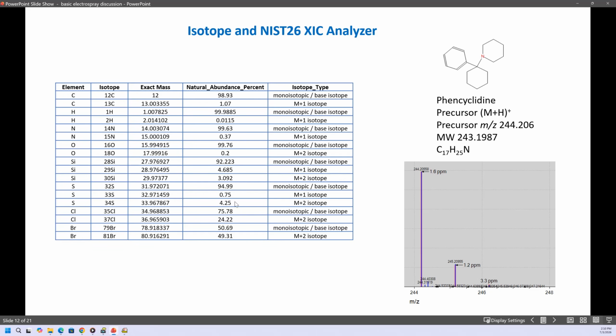Of course, the bromine. But the software in the NIST 26 has something it calls its XIC analyzer. What it does is generate the theoretical isotope ratio for what it thinks it will be and then compare it. These are actually two different colors here, but you can see they're almost identically matched. So the theoretical versus the actual is dead on.